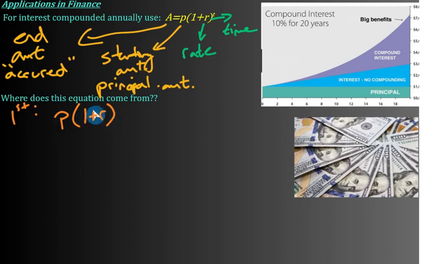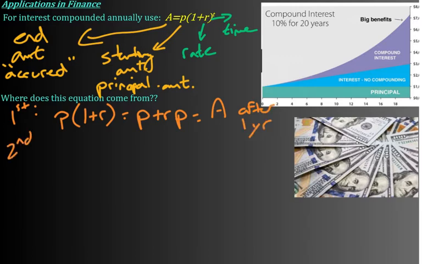If you just multiplied P by that, you're going to get less money. But we don't want that, right? So you have to do 1 plus that growth rate. If we distribute it, we get P plus rP. That's the total, this is my A, my accrued amount after 1 year.